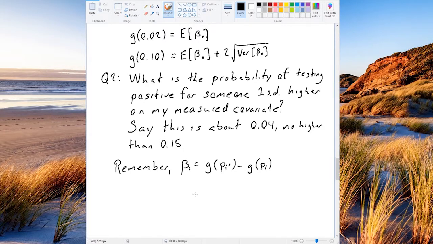Well, what is this? That's the same as saying ln of pi prime over 1 minus pi prime minus ln of pi over 1 minus pi.